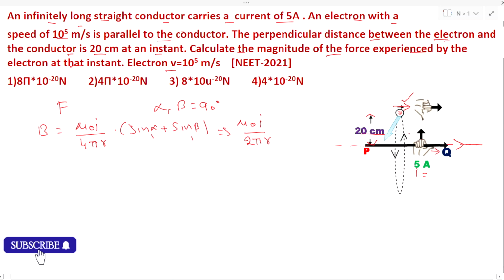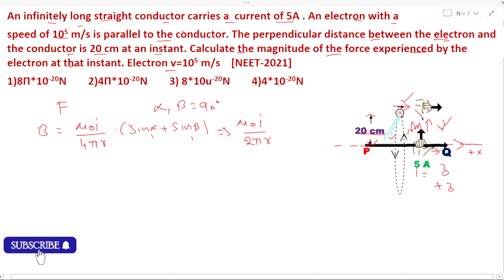The current is flowing towards the positive x-axis, and when you place your thumb towards the positive x-axis, the rest of the fingers will point towards the positive y-axis. Now you have to hold the wire. In order to hold the wire, you have to curl your fingers from the positive y-axis to the positive z-axis. The direction in which you curl your fingers gives the direction of the magnetic field, that is towards the positive z-axis, shown by this arrow.